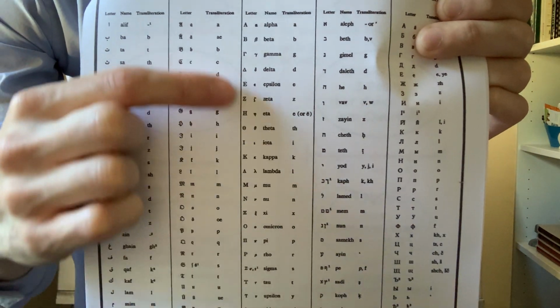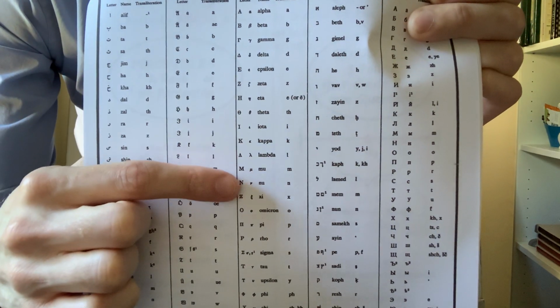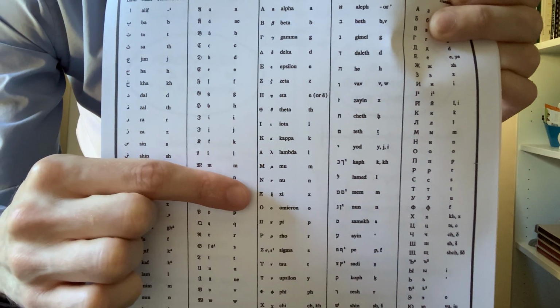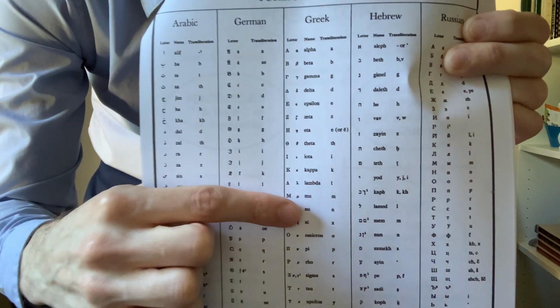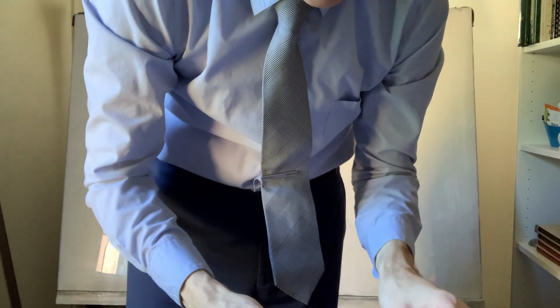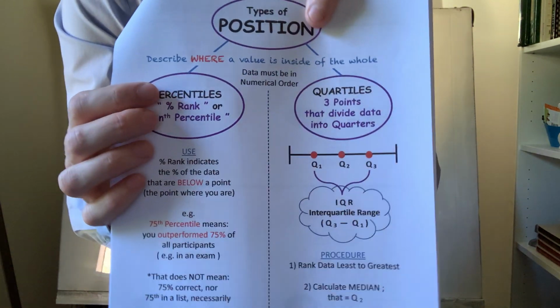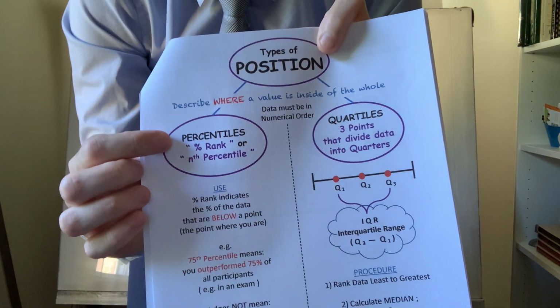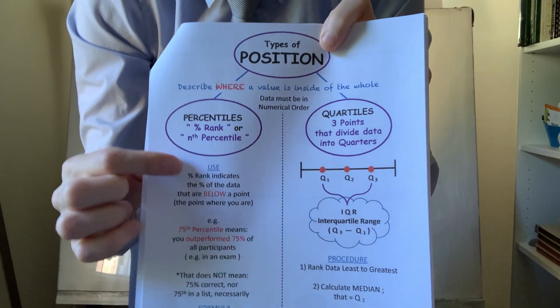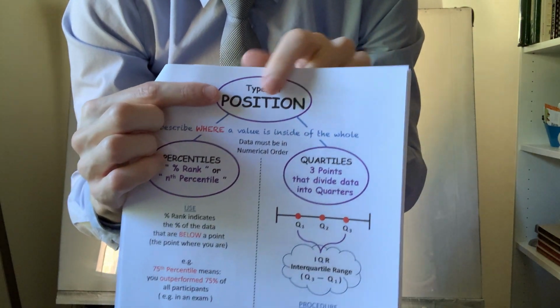In math, and physics as well, Greek characters are used to represent measurements and what have you. So we can highlight a few of those for reference. Then there's another overview of types of position. You don't have to do a lot of this, but it is good to have this as a start, especially if you go into statistics afterward.